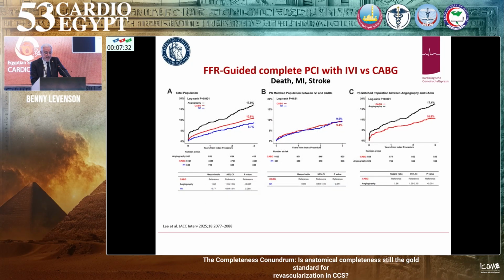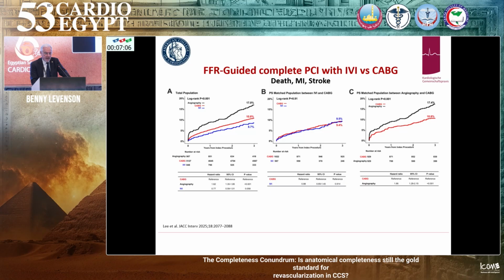For image-guided complete PCI with IVI versus CABG, these are the data from Lee, published 1 year ago. And you see the blue lines at the bottom of all these pictures mean that in the total population, in the matched population between IVI and CABG, and the matched population between angiography and CABG, you have different findings.